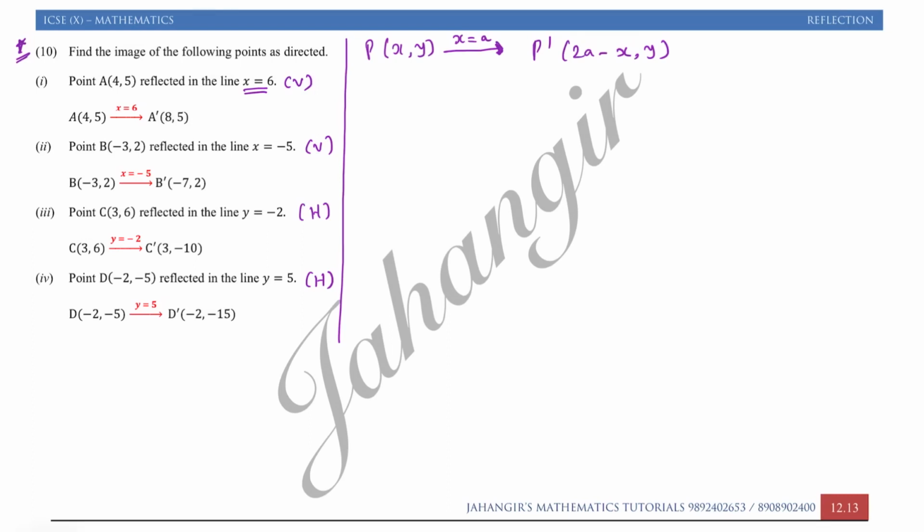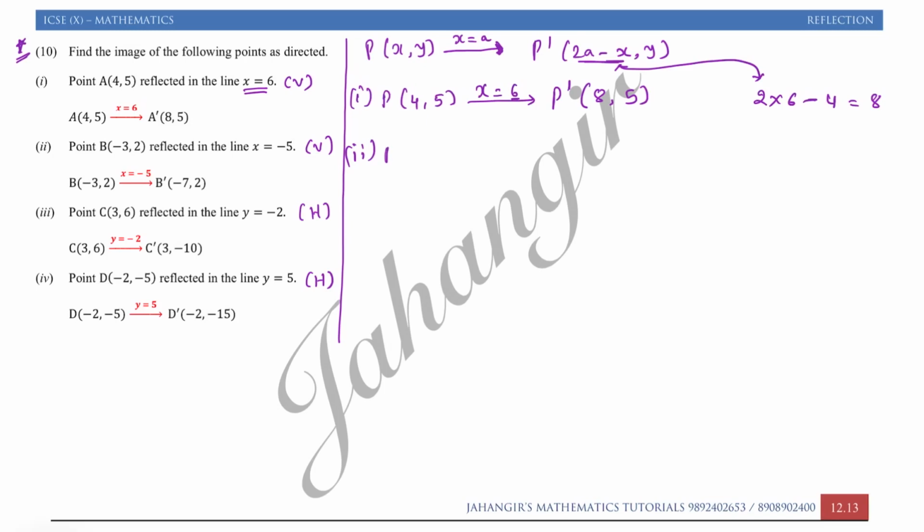So first, point P (4, 5) when reflected in x equal to 6. Its x coordinate changes but y coordinate remains the same. So x coordinate will become 2 times 6, 2a, minus 4, since x is 4. 6 twos are 12, 12 minus 4 is 8. So I can write (8, 5).